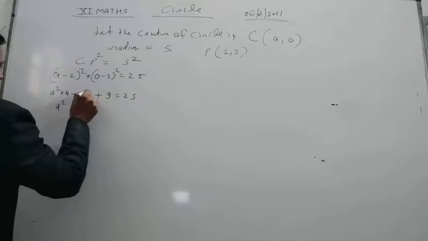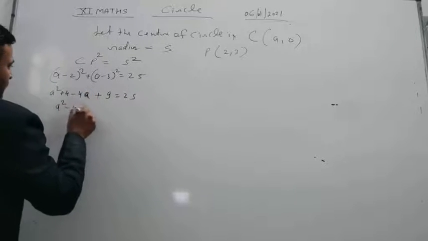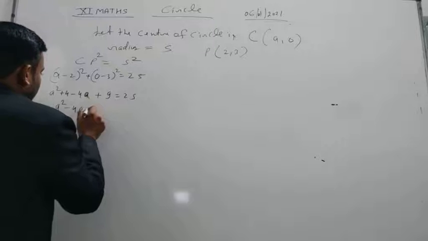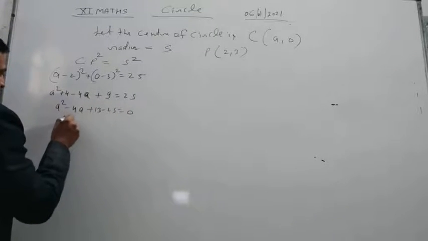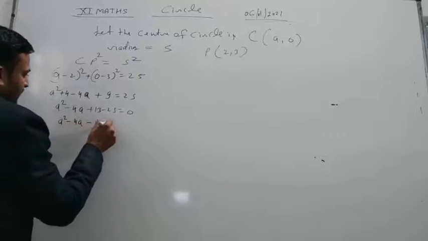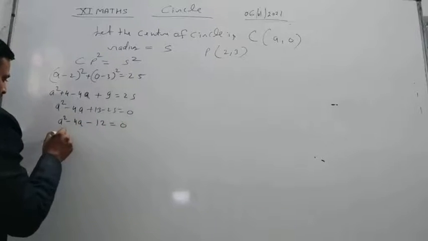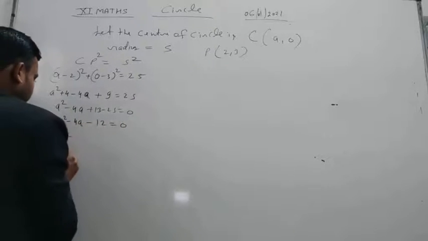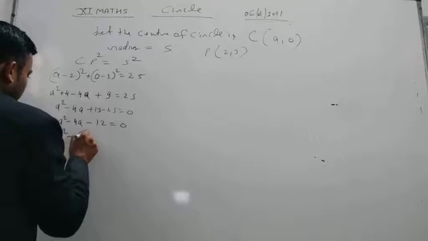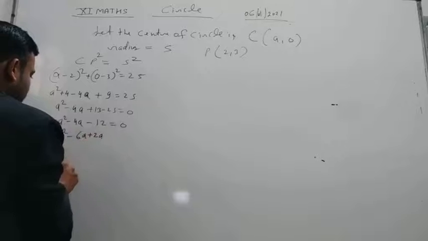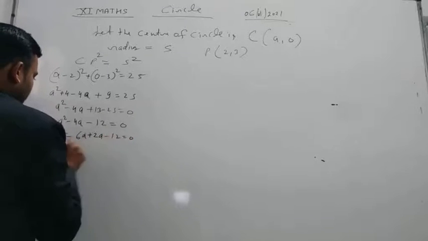So a square minus 4a, and this is 13, minus 25. So a square minus 4a minus 12 is 0. So a square minus 6a plus 2a minus 12 is 0.